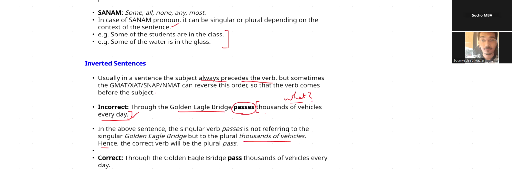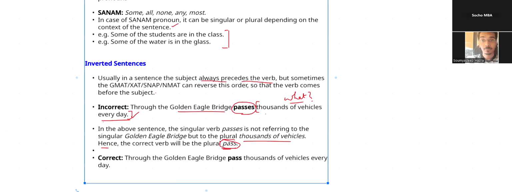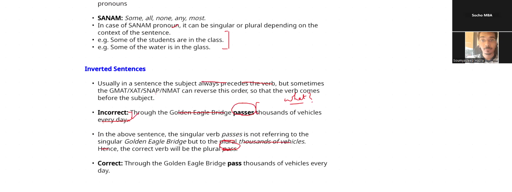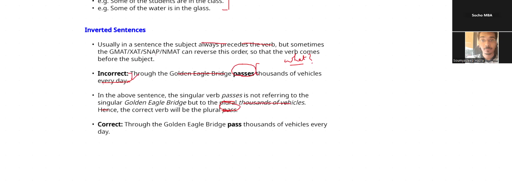Hence, what would be the right verb? Pass. Done? अच्छा, clear? Okay. Done with the sentence. Getting me? हाँ, मतलब thousands of vehicles वो तो collective में आ रहा है, हाँ. Right?